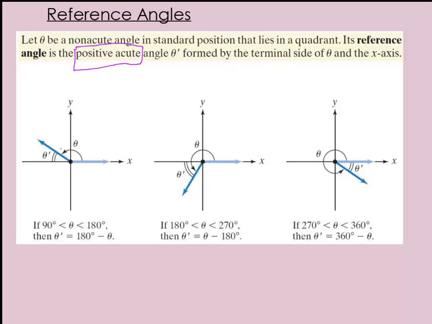If your theta is this distance here, your reference angle is right here. If your theta goes past the x-axis, so past 180 degrees, the reference angle is that. And if it goes into the fourth quadrant, your reference angle is right here. Notice they're all positive angles. Your reference angle will always be positive, even if theta is on the negative side or we're backtracking.